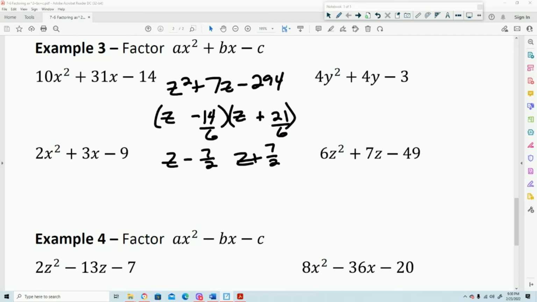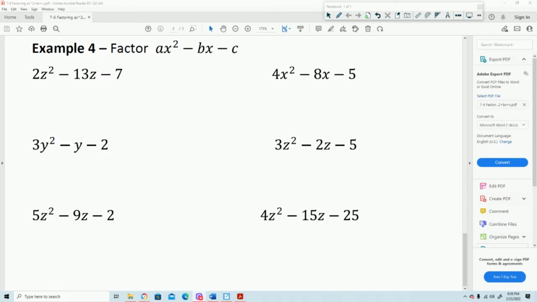Sorry, we get 7 over 3 here. I knew I did something wrong. Okay, dividing by 2. So I get 3z minus 7, and I get 2z plus 7. And that should give us this when we multiply all that out. And that's example set 3.